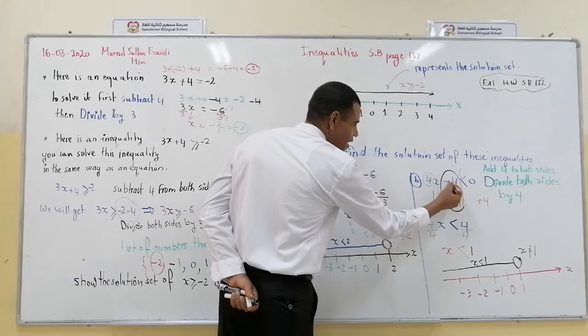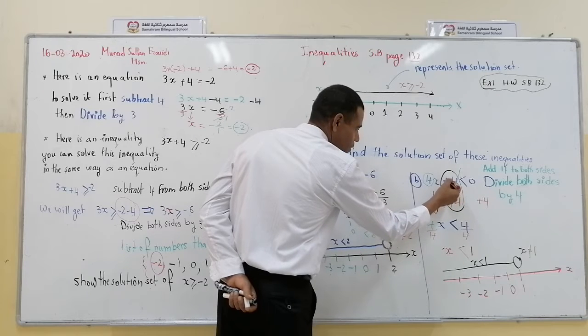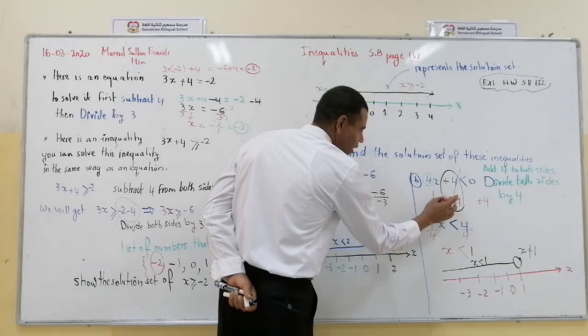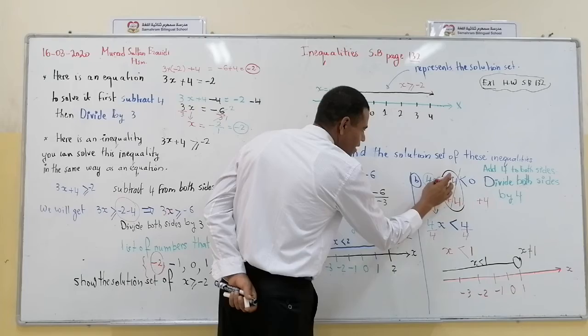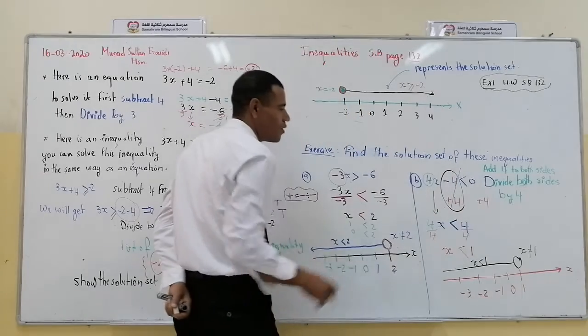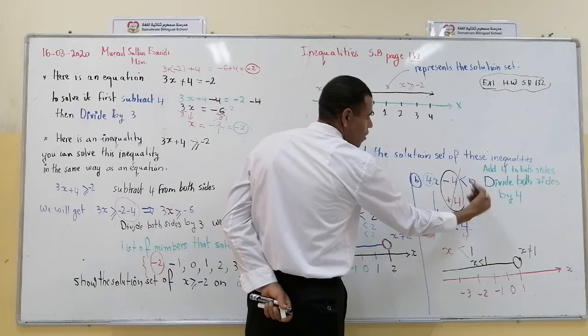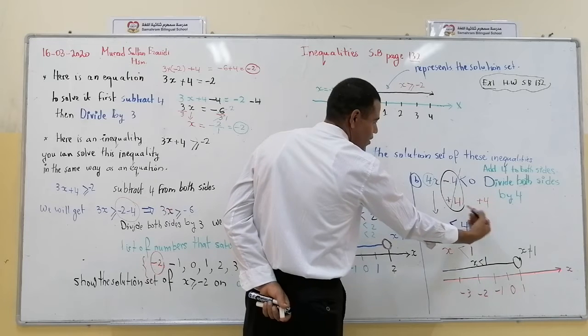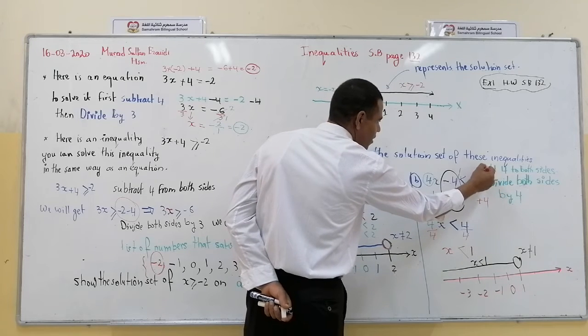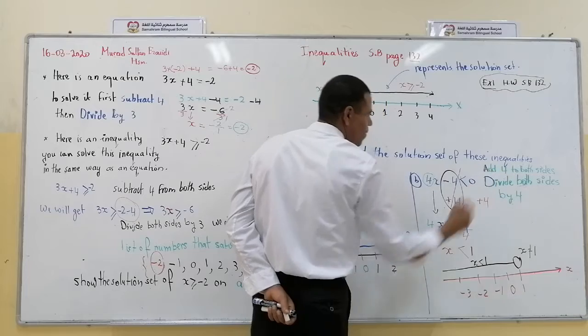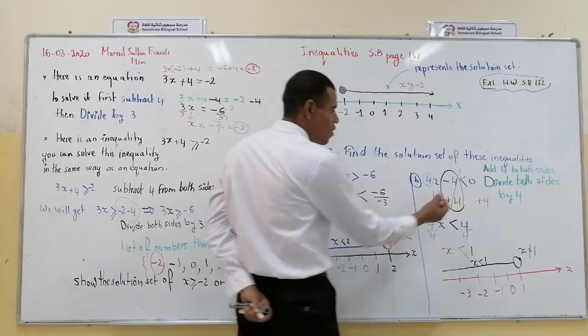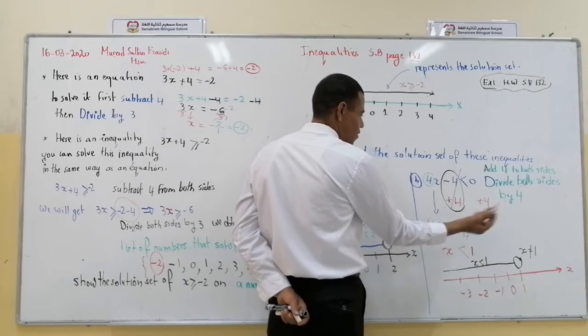Why? Because this is a negative sign. If it is positive, I will make here negative. But this one is negative from first, so I will make positive 4. You can notice, and also on the right hand plus 4, because I add 4 to both sides. Minus 4 plus 4 is 0.